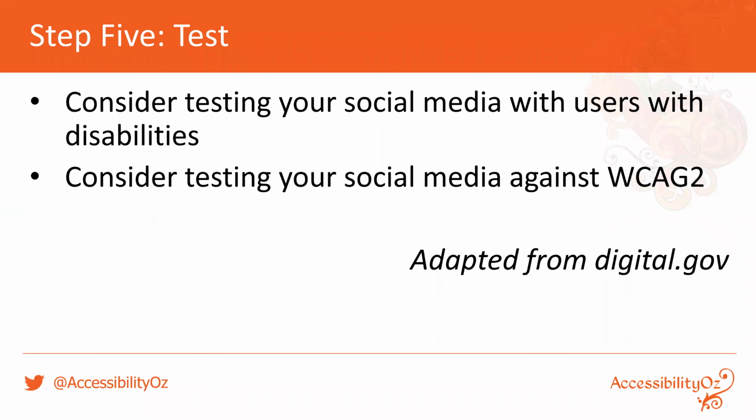And step 5, test. So consider testing your social media with users with disabilities and against WCAG 2. Or when you receive complaints about social media, consider forwarding them on, because I'm not sure who is on this call today, but I'm sure that there are people here from organisations that have a lot more clout than Accessibility Oz or even IAAP.